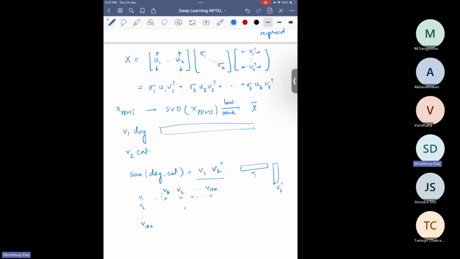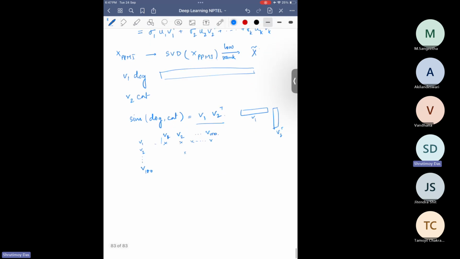And we want to do this similarity for each of these. So we can simply compute this thing called X tilde transpose. That will basically give us a similarity of all pairs of words that we have.